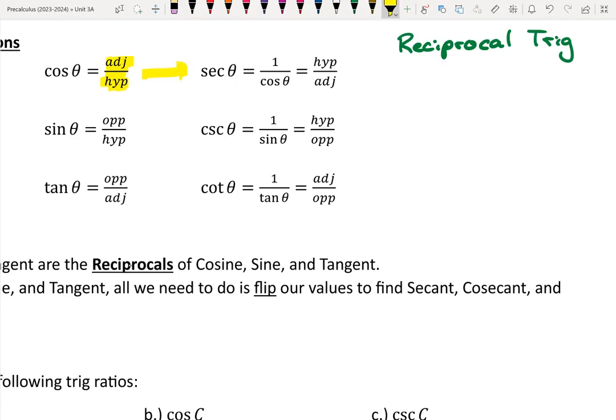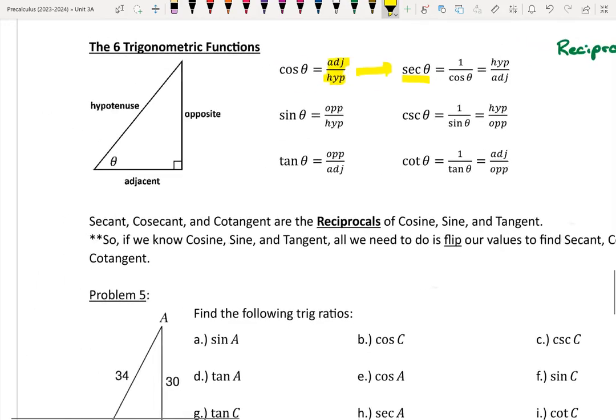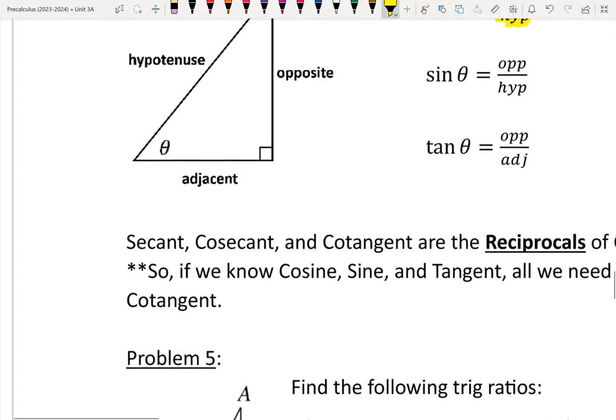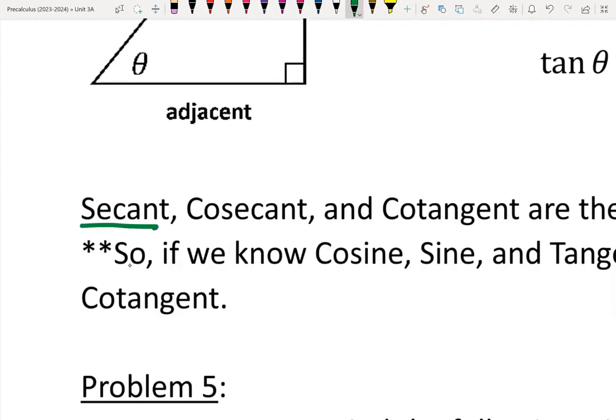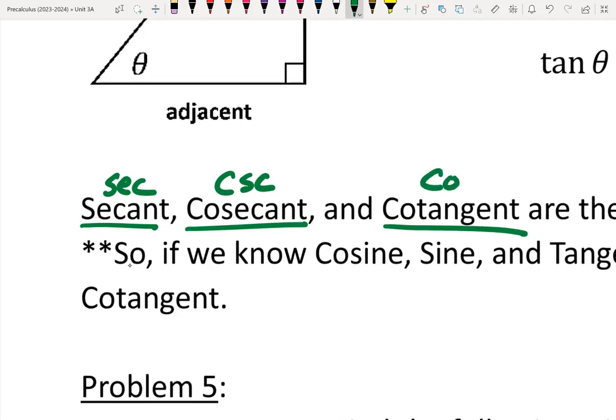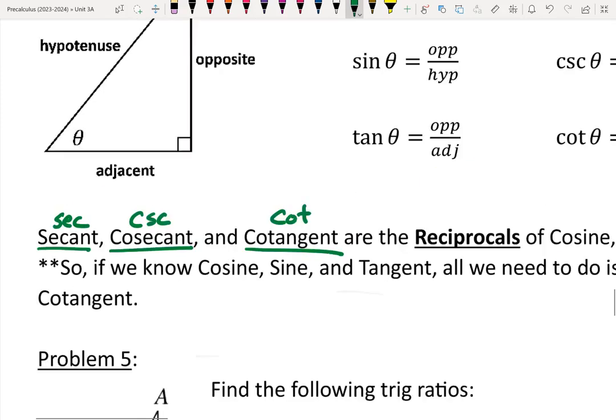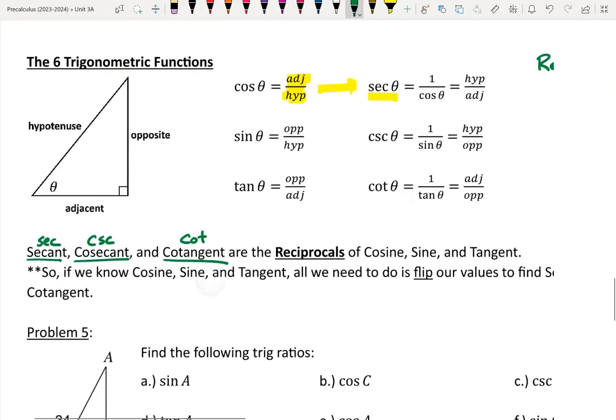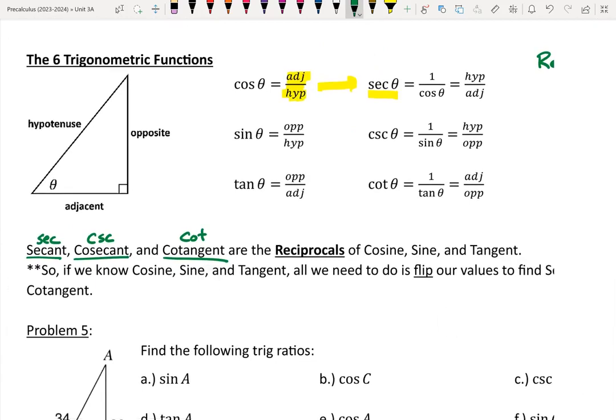Well, if we flip it, this is called secant. If we look down here, I have what each of these are. So secant is the SEC, cosecant is the CSC, and cotangent is the COT. And these again are our reciprocal trig functions.